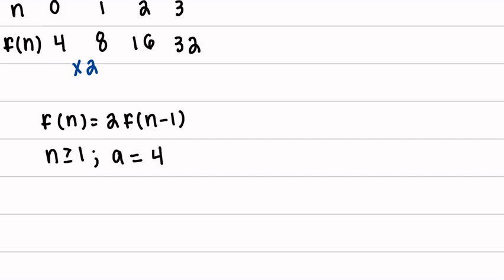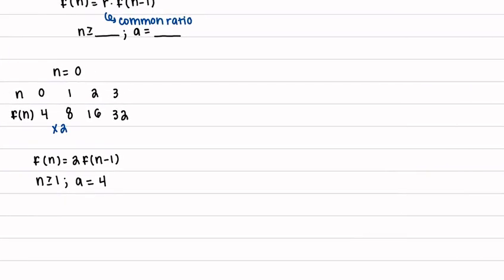The initial term is 4. With that n greater than or equal to 1, we're basically saying you can use this rule for values of n that are equal to 1 or greater, because we know the 0 term is 4, and so you can start using this rule for the first term, second term, third term. That's what that n greater than or equal to 1 means.